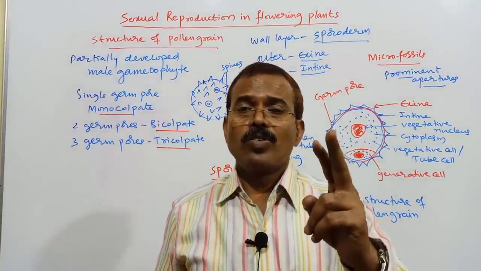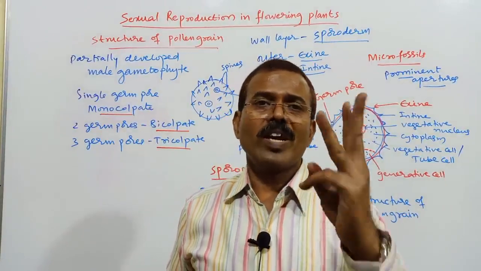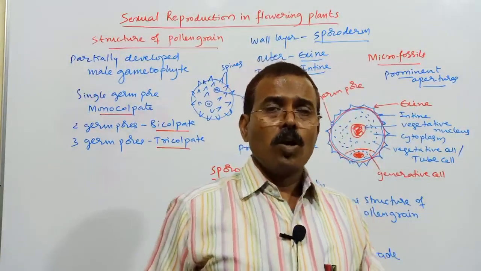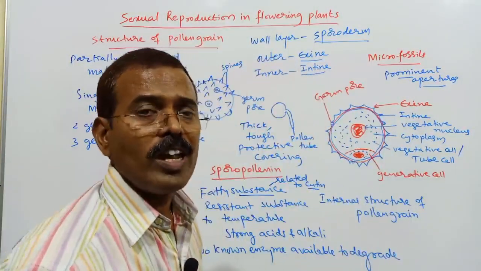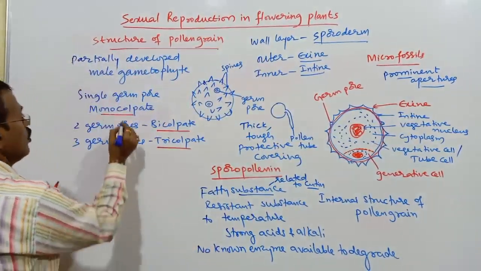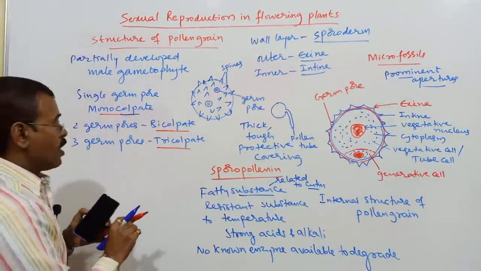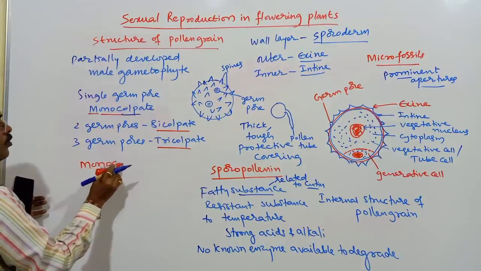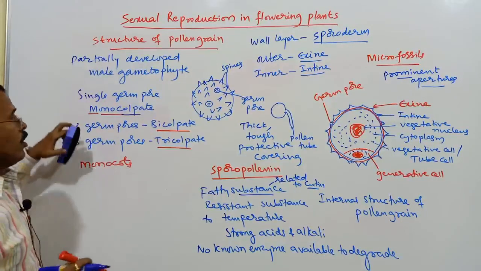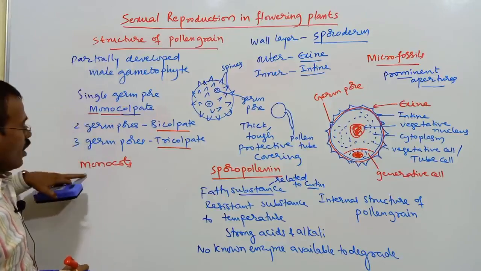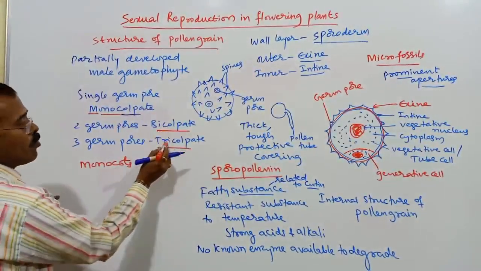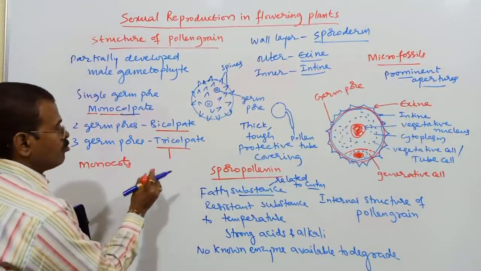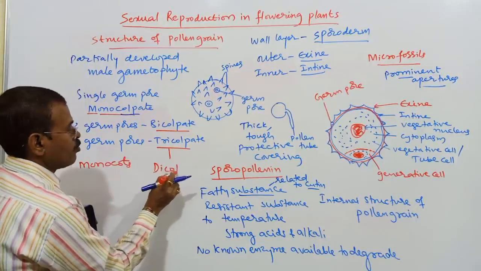If two germ pores are there, bicolpate. If three are there, tricolpate. Monocolpate we usually see in monocots. Monocolpate is seen mainly in monocots. Monocolpate pollen grain is present in monocot. Bicolpate and tricolpate are found in dicot pollen grain.